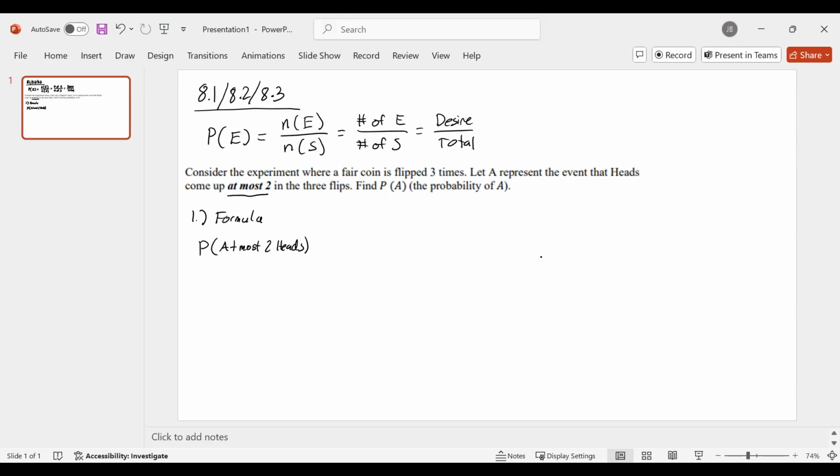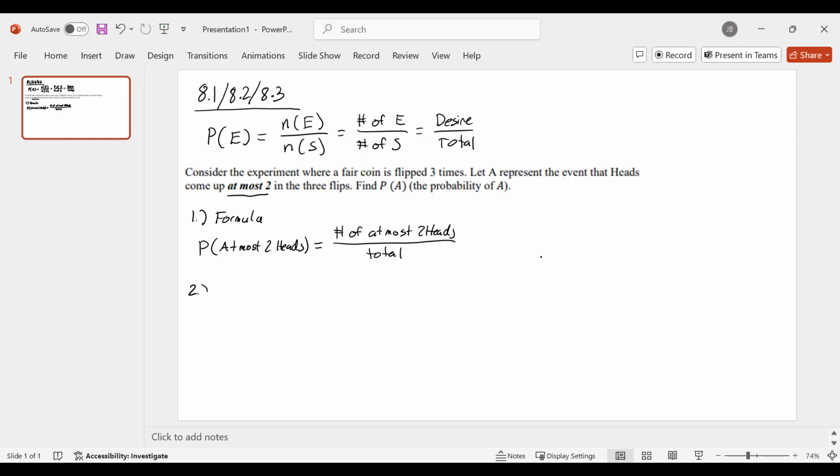I could write the probability of 0, 1, or 2 heads, or the probability of less than 3 heads. There are so many ways that you can write this, but be the most obvious for yourself. And so what that means is I need to find the number of at most 2 heads over the total. That's all I have to find.